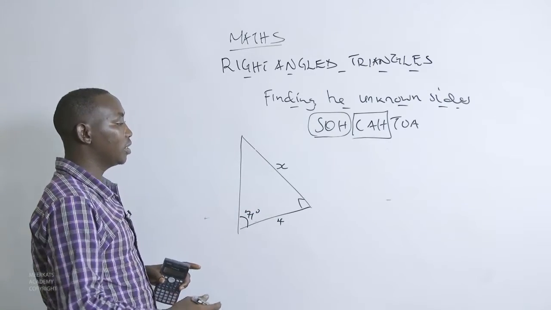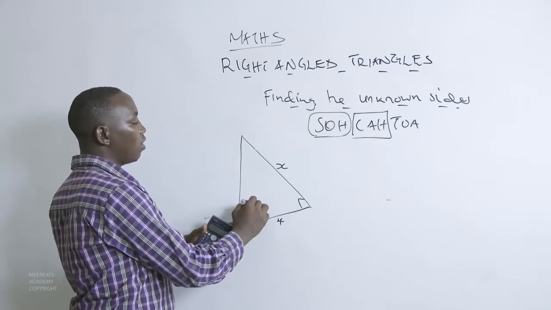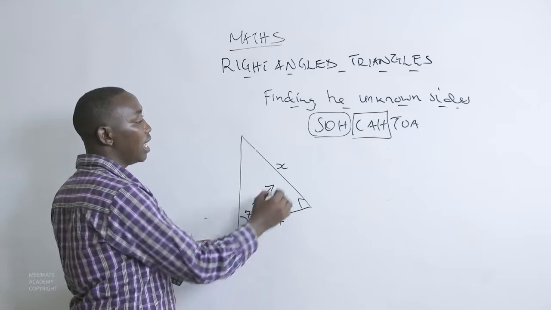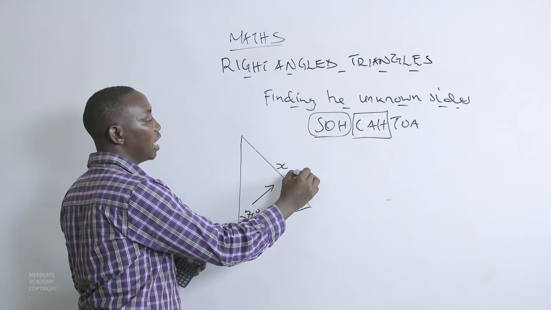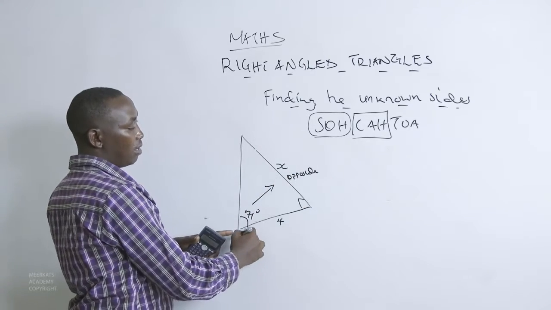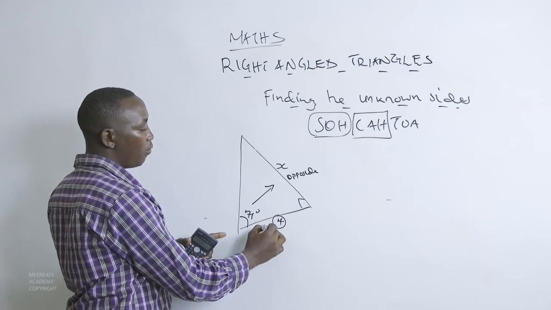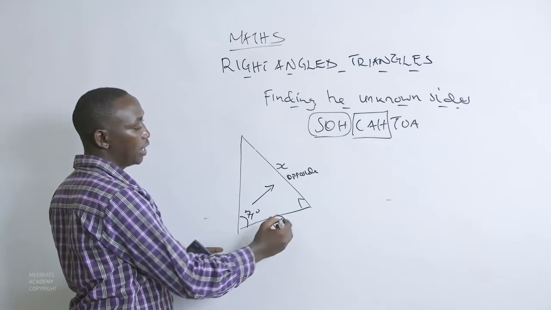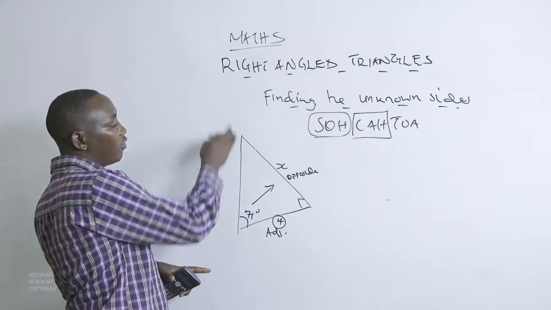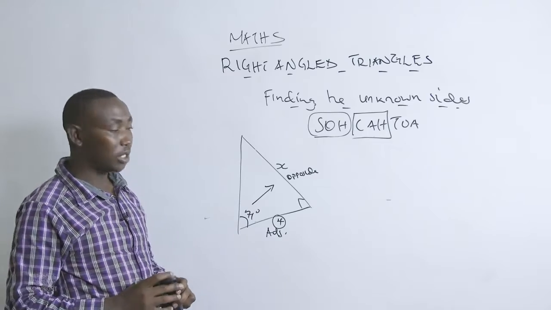In this particular case, this angle is opposite to that side, and therefore this is the opposite side to the angle. We have been given this side, which is adjacent to this particular angle, and of course that is the longest side, which is the hypotenuse.